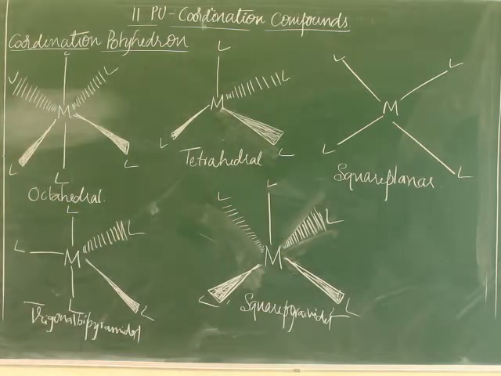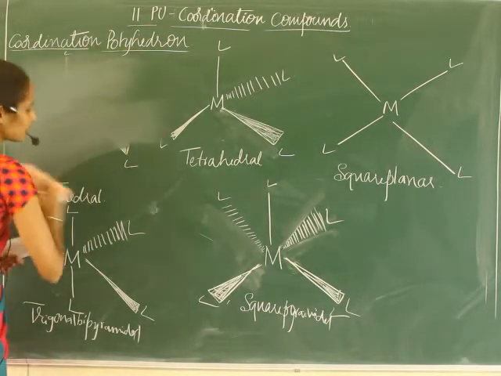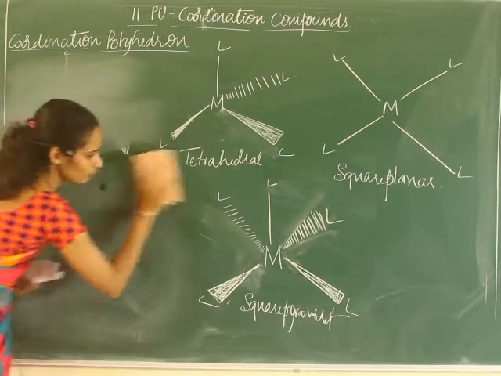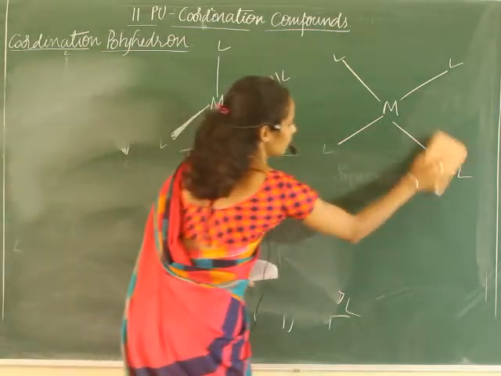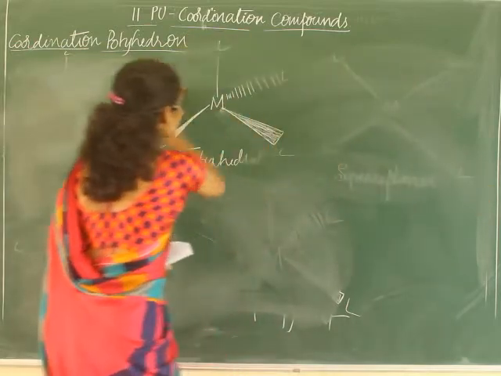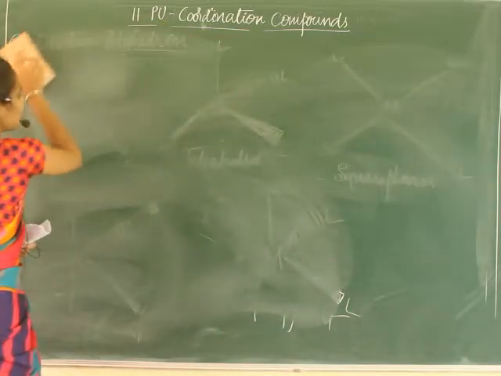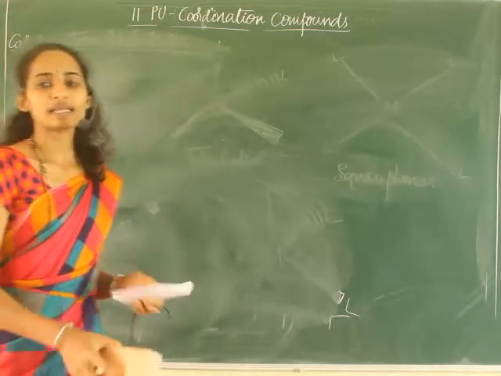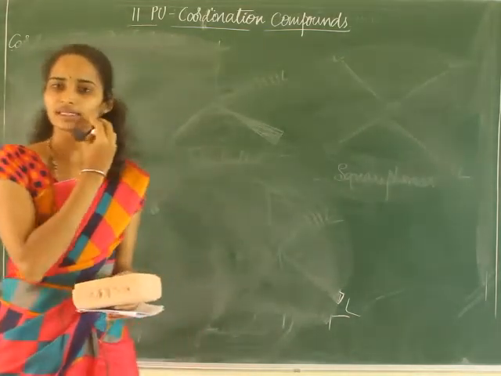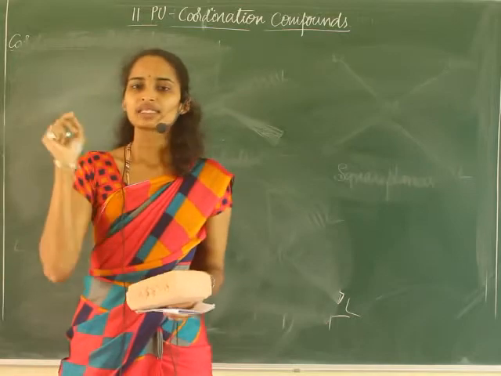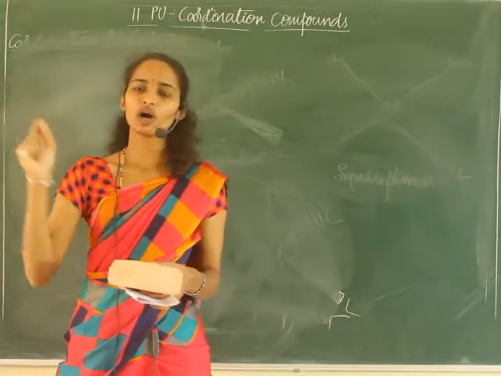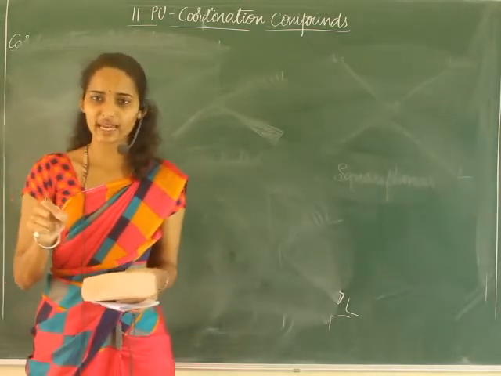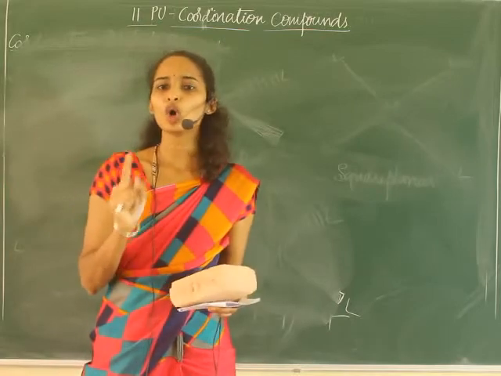Now let us move to the next important topic, that is homoleptic and heteroleptic compounds. Let us discuss what are homoleptic compounds. If the central metal atom is directly attached to the same kind of ligands, then they are called homoleptic.